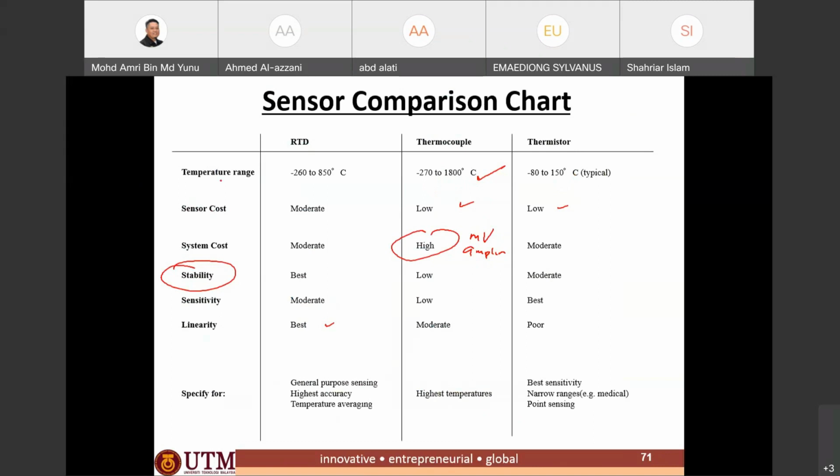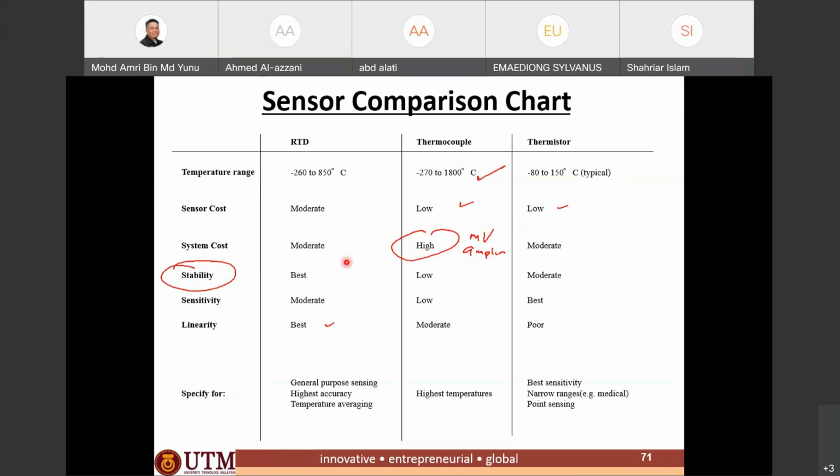RTD is at the medium range. In terms of cost, RTD is moderate, thermocouple low, and thermistor low.